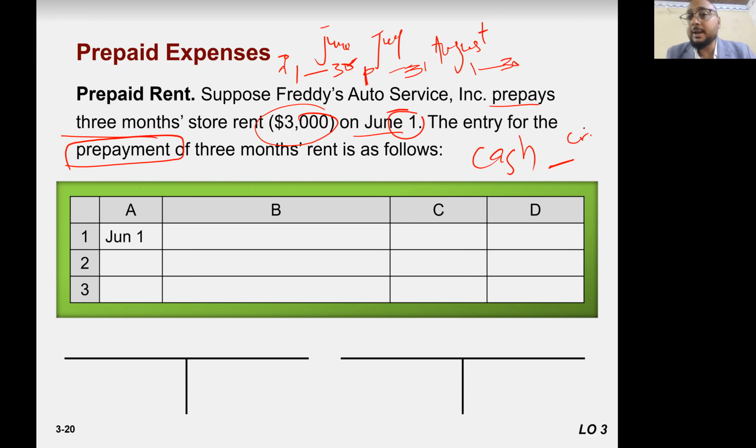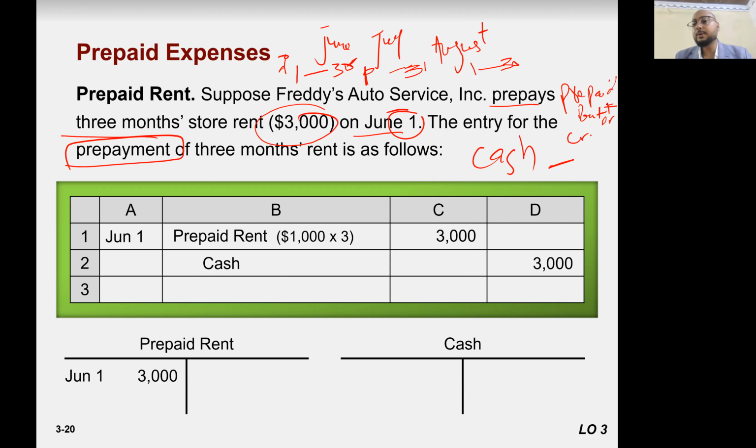And prepaid rent is your asset. Asset increase means debit. What is the entry? Prepaid rent to cash. You post it to the T account or ledger.